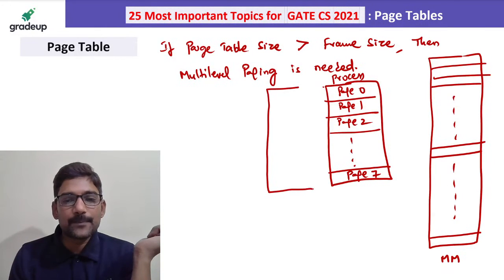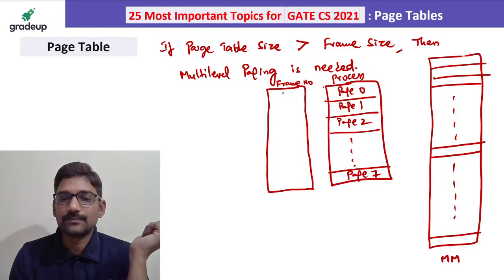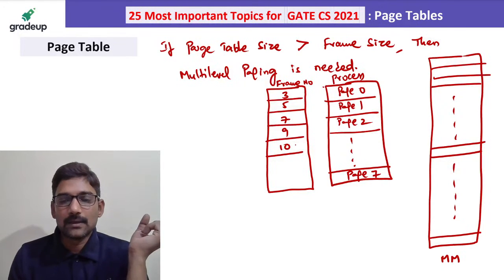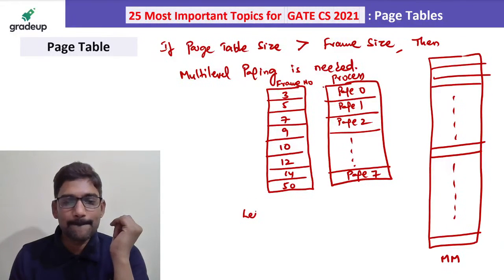Every page has its own frame number. Let's say page 0 from 3, 5, 7, 9, 10, 12, 14, 15. This is the page table, okay?